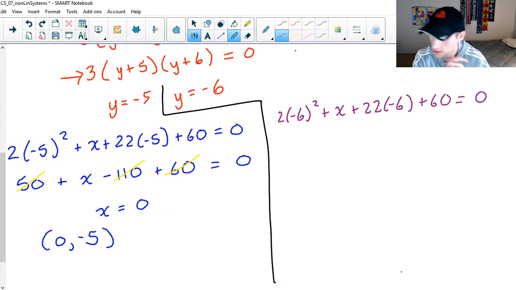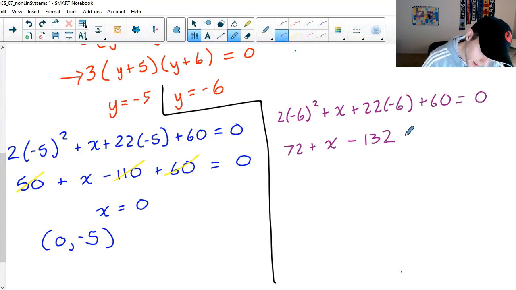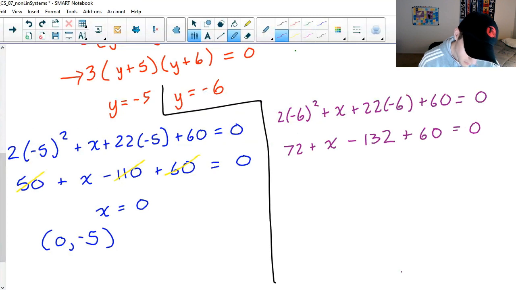We could have chosen the first or second equation, but I just kept it like I did before. 6 squared is 36. 36 times 2 is 72, plus x, 22 times -6 is -132, and plus 60 equals 0.